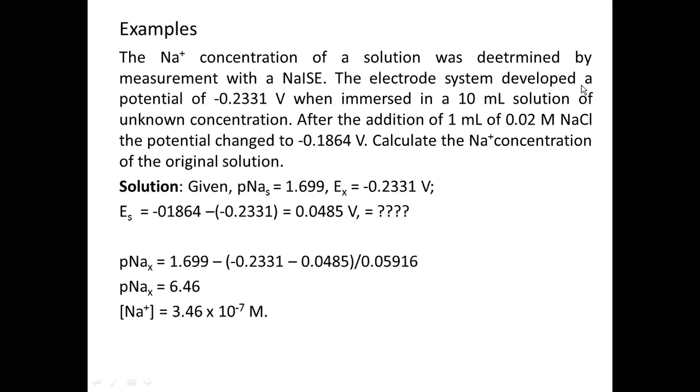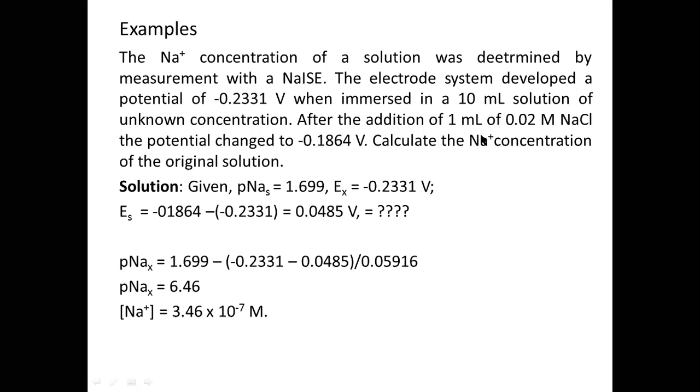The electrode was immersed into the sodium ion solution. The sodium ion selective electrode was developed, fabricated and used to determine the concentration of sodium ion in the unknown, which was immersed and developed a potential difference of minus 0.2331 volts. And the volume of the unknown is 10 ml.